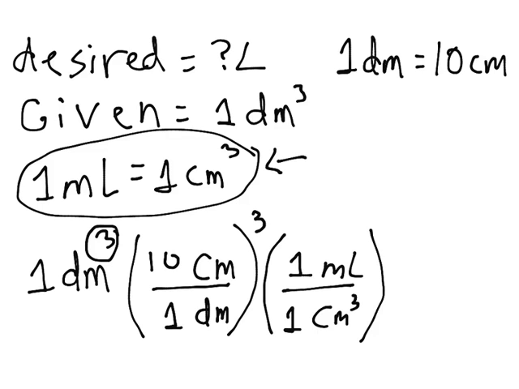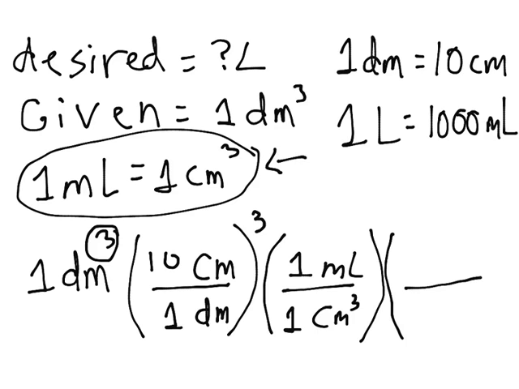Now your unit is in milliliters, but you want it in liters, so you will use the same concept. 1 liter is 1,000 milliliters. Again, you should find this in a table, or you should memorize what milli, centi, deci, kilo, and all of that mean. So the last conversion would be 1,000 milliliters are 1 liter.